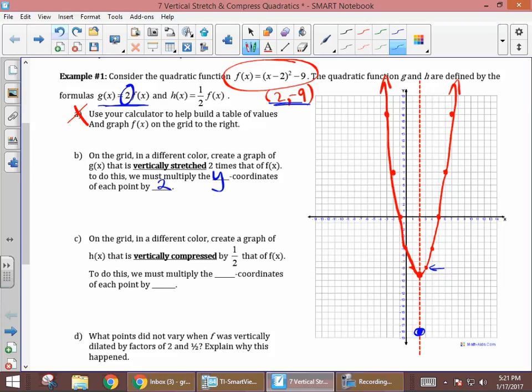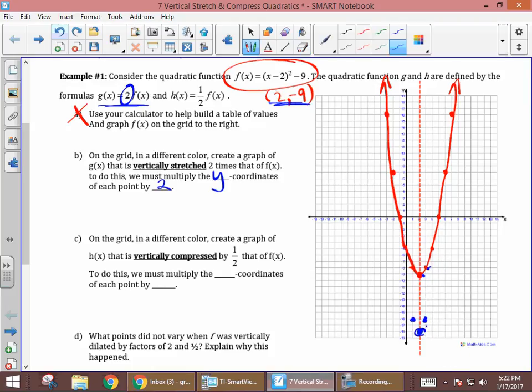If I double that, it'd be negative 16. And I could do the same thing on this side. Now, what you should notice is the height. From the vertex to this, that height is 2. It is double what this height was. Therefore, you could really find the rest of the points from that vertex.